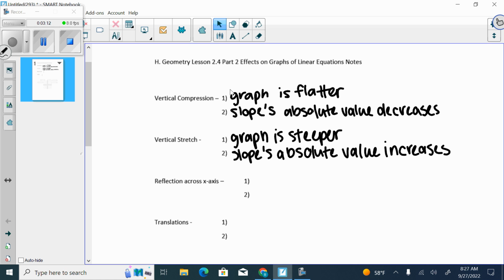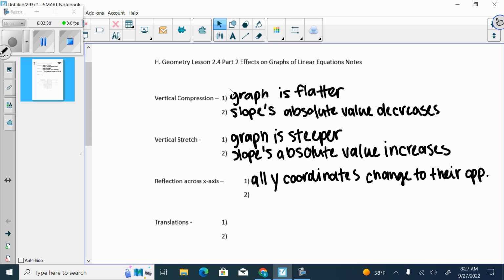Whenever you reflect across this axis, all of your y coordinates change to their opposite sign. Okay, so if I was at (2, 1), I would now be at (2, -1), right?